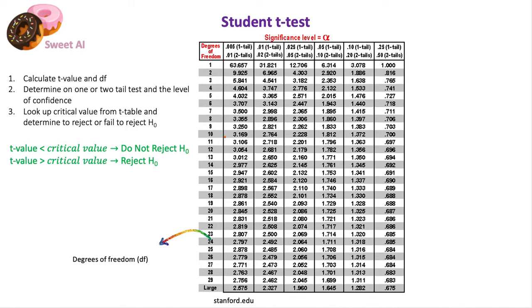After calculating the t-value and df, we determine whether it is one tail or two tail and the level of confidence that we want, and then we look up the critical value from this table. If the t-value is smaller than the critical value, we do not reject the null hypothesis, and if it is bigger than the critical value, we reject the null hypothesis.